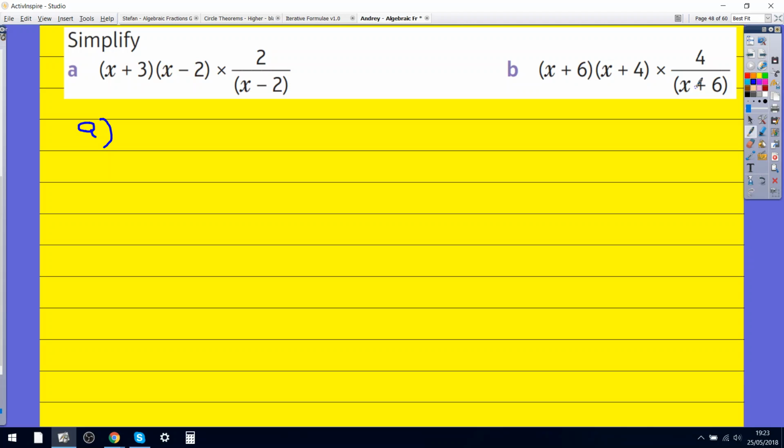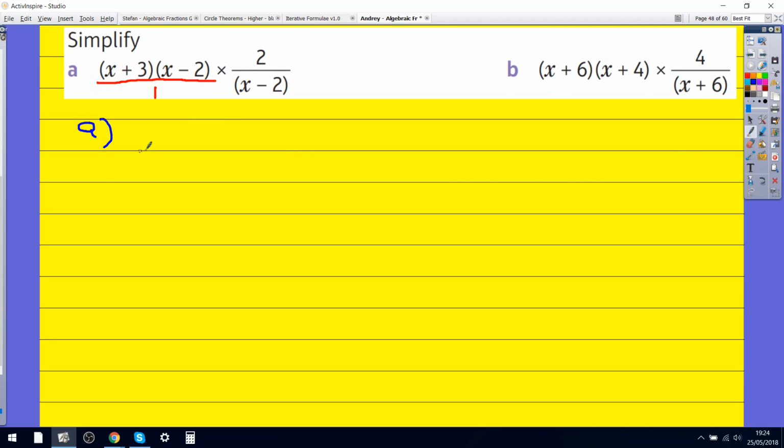Would I expand the brackets on the left? You don't have to. The easiest way to multiply fractions is for them to both be fractions. Anything divided by 1 is itself, and so you can just put that one over 1. And now it's just multiplying fractions.